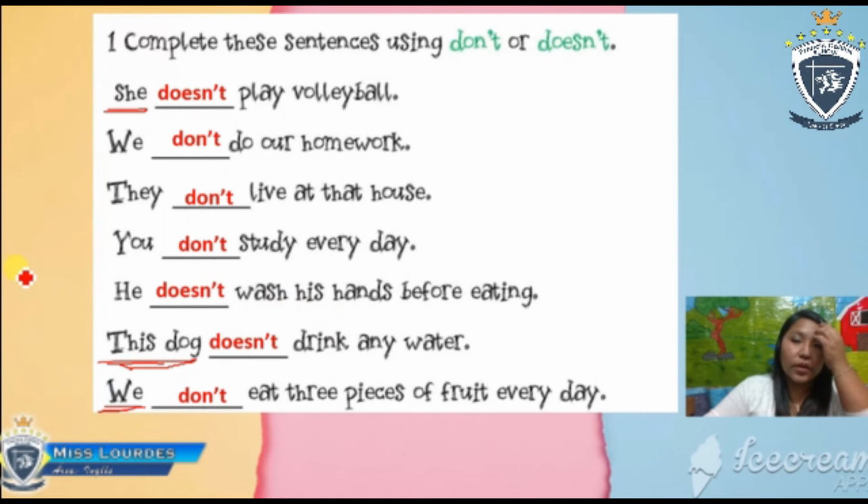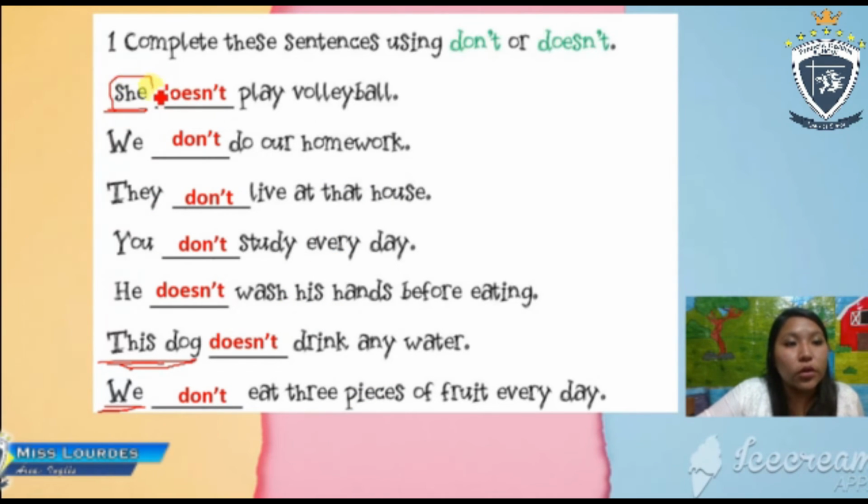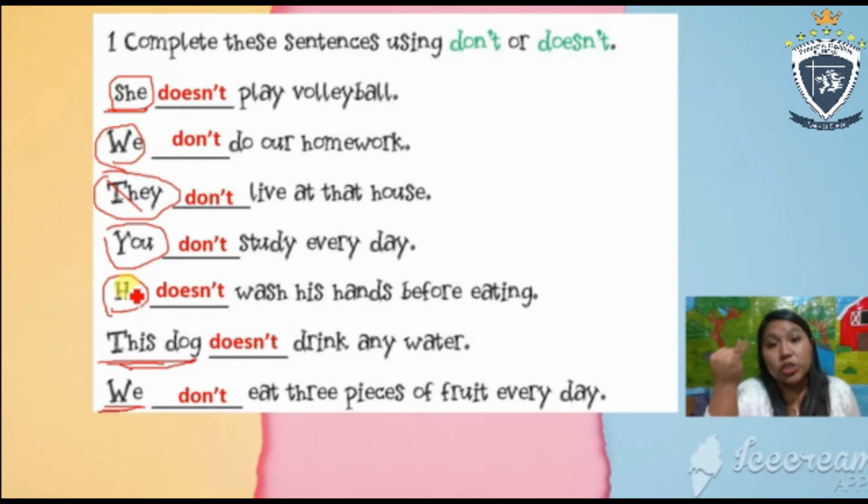Okay? You have to take care, you have to look at your pronoun or your subject. And remember, y recuerda, con qué auxiliar trabaja cada uno de estos, ¿ok? He, she, it trabajan con el doesn't, ¿verdad?